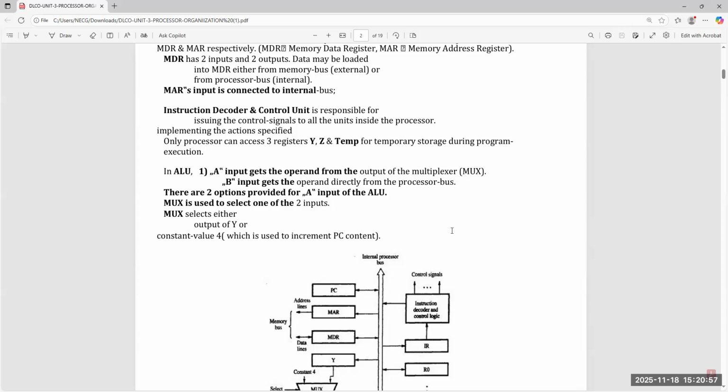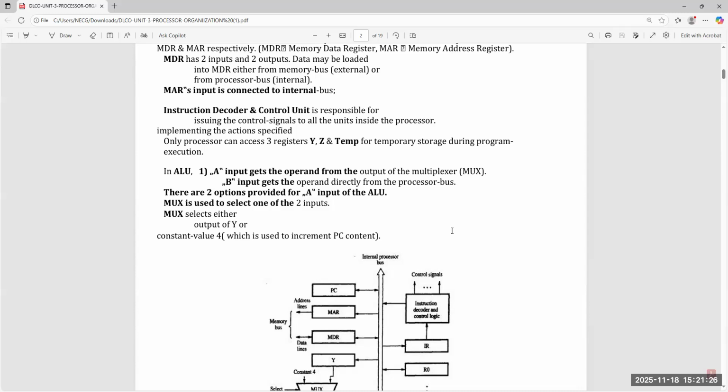That is the responsibility of the instruction decoder and control logic unit, implementing the actions specified.